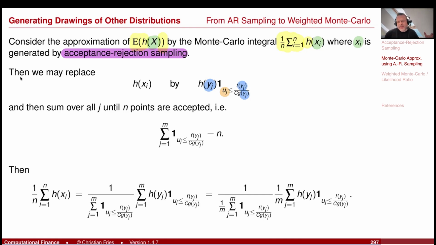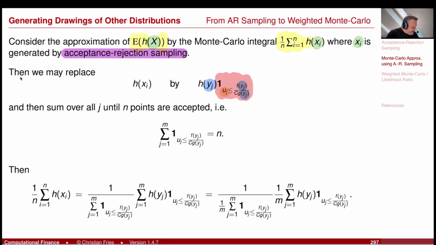In a Monte-Carlo integration, I take a sum, and instead of rejecting the point, I could just add a 0 to the sum. So I can represent my acceptance rejection by an indicator function, which in my sum just multiplies the result either with 1 or 0. 1 if I accept the point, I sum the point, 0 if I reject the point.